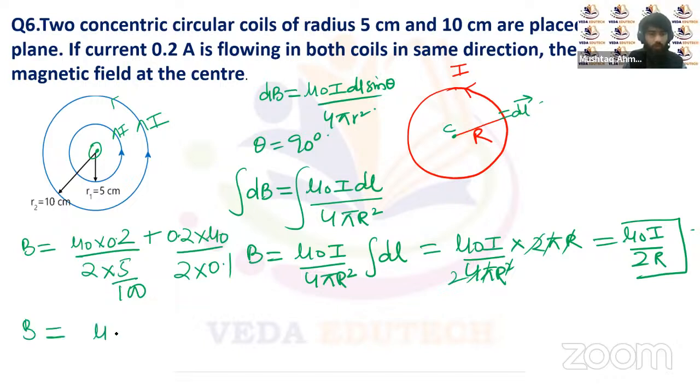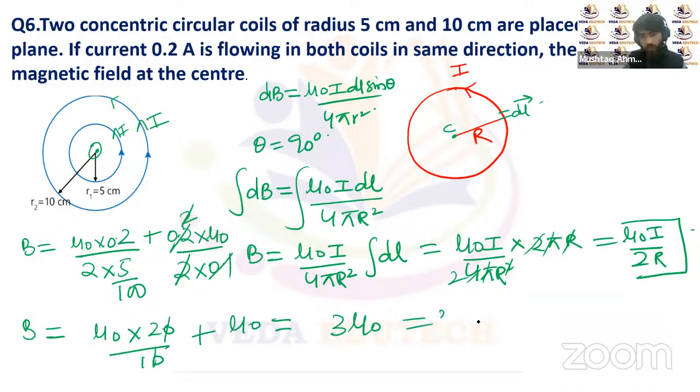So it will be mu naught times 100 multiplied by 0.2, that will be 20 upon 10. From here it will be 2, and 2 and 2 will get cancelled. We'll be left with mu naught only. This and this will get cancelled, that will be 3 times mu naught. Now the value of mu naught is 4 pi into 10 to the power minus 7.